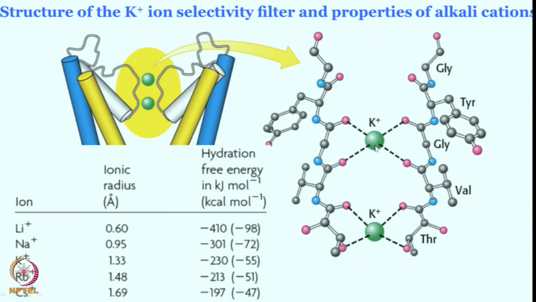But of course potassium has to lose, if it is interacting with 4 different centers of the peptide backbone, it has to lose 4 water molecules. After losing 4 water molecules, then only this sort of interaction will be possible, and it will be possible to make them pass through this.